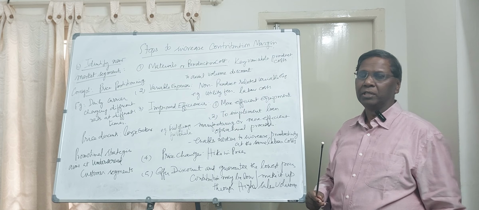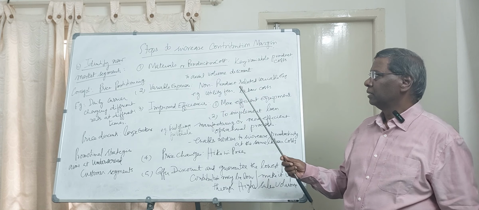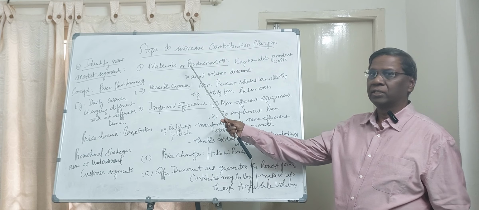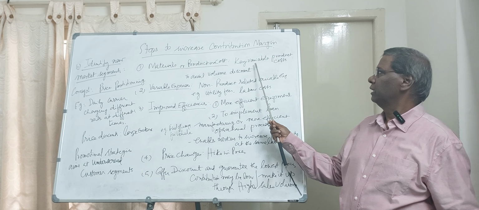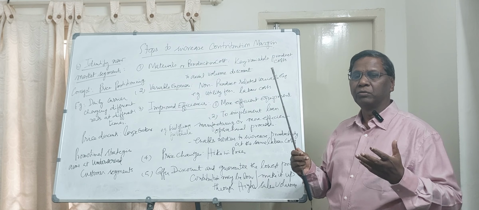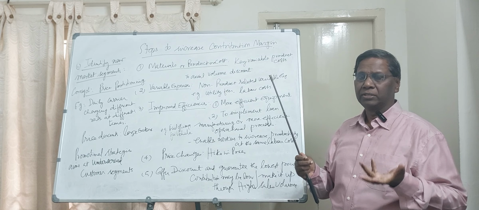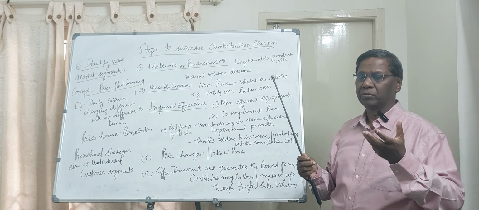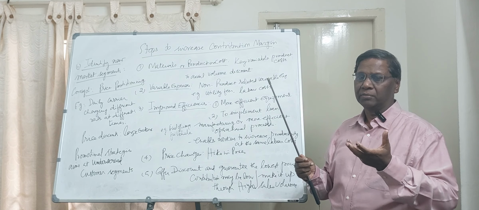This is related to core activity, which is called the key variable product cost. If you avail huge volumes, you will have a discount, it will stand to benefit you, and you can reduce your production cost.